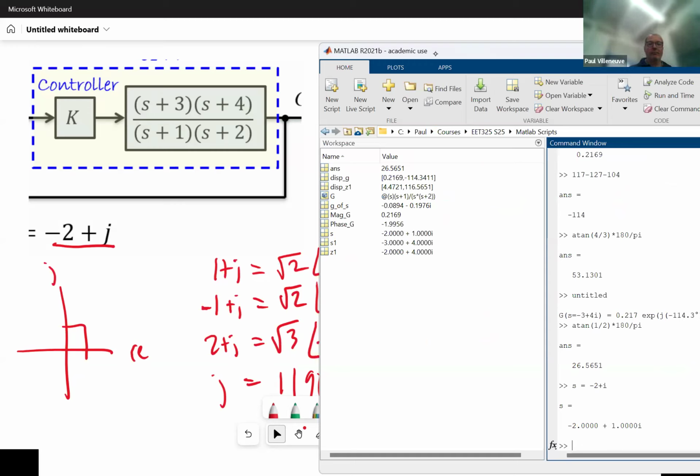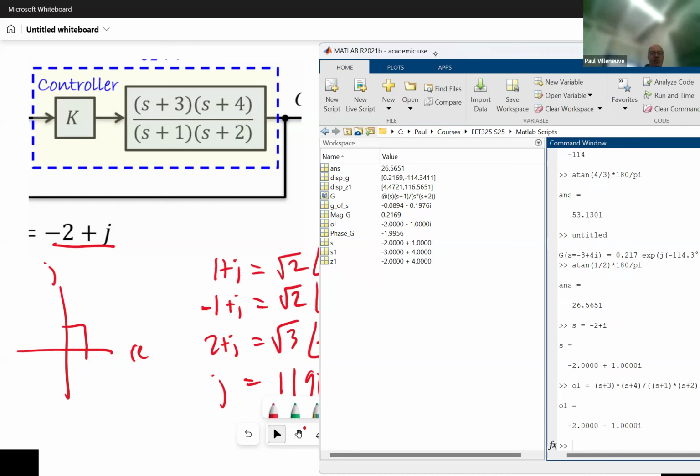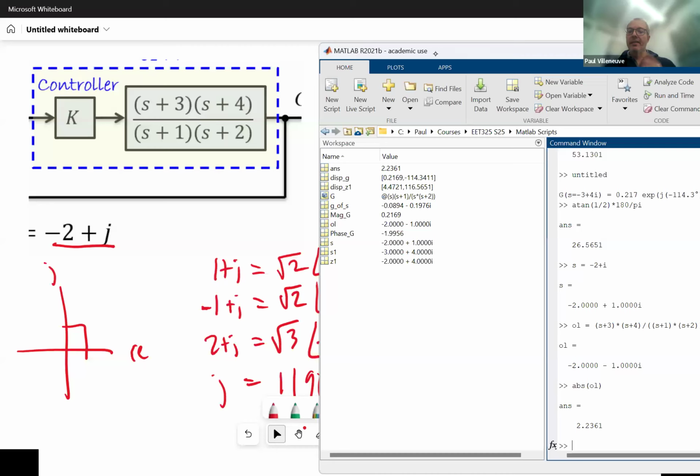And then I'm going to put OL for open loop, equal to S plus 3 times S plus 4, and I'm going to divide that by, using a bunch of parentheses here, S plus 1 times S plus 2. The absolute value of OL is 2.23.